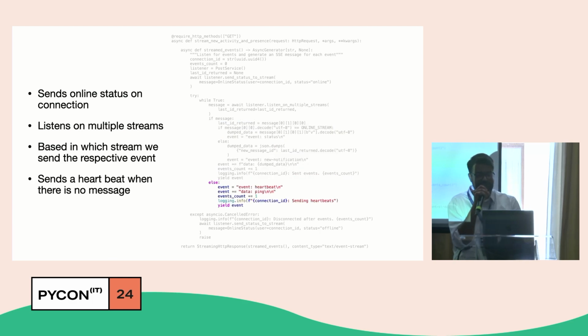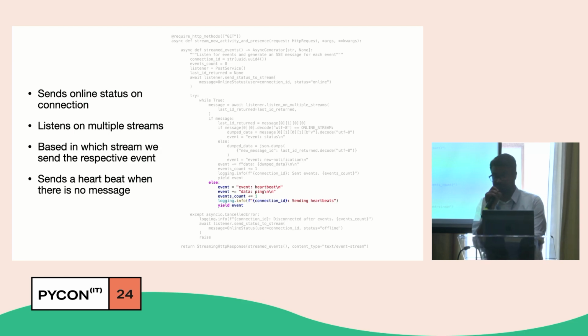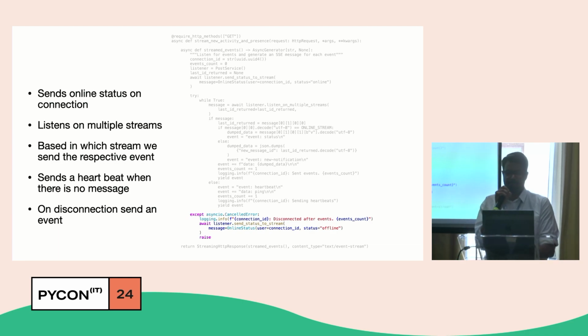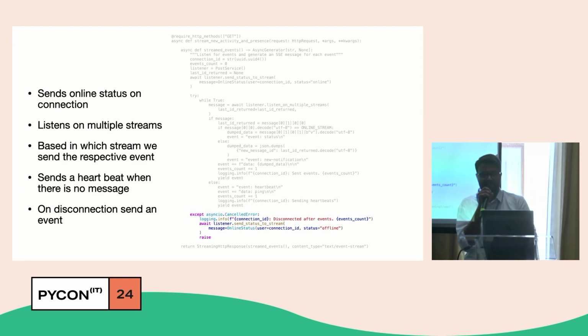And you can also send heartbeat messages. This is very important because some of the load balancers disconnect the connection when it's idle, so it's always good to send a heartbeat. You can also build different functionalities on top of it, like an online user counter or something like that. And on disconnection, you just send an event of disconnection. This is also a place to clean up, I don't know, Redis connections or things like that.